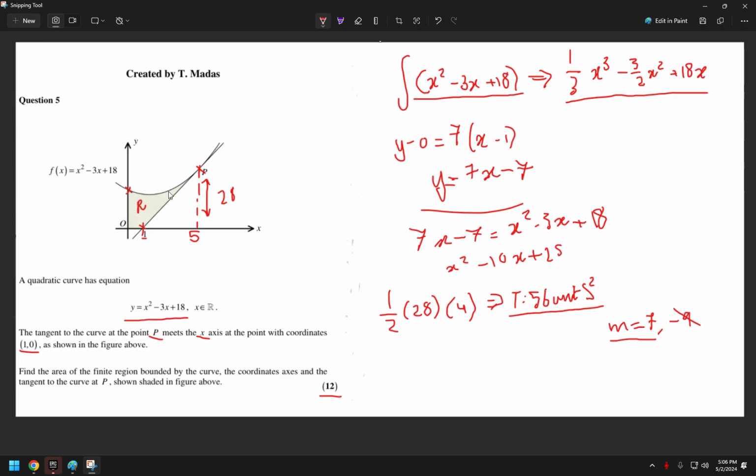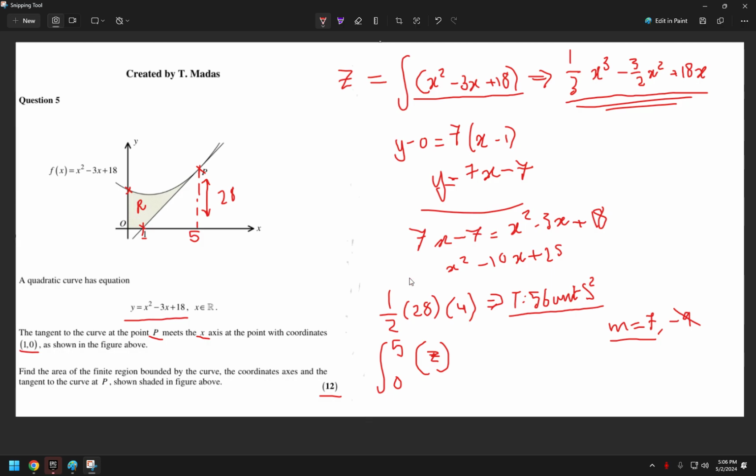Now, we integrate between 5 and 0, since p is 5. We can call the integrated equation right here z, and just put everything into our calculator.